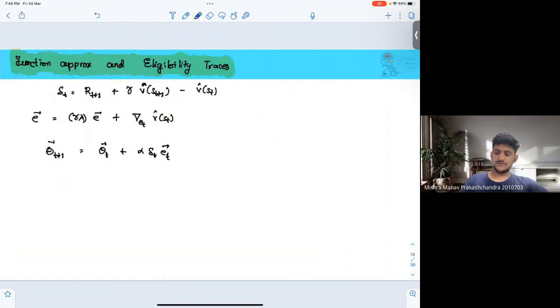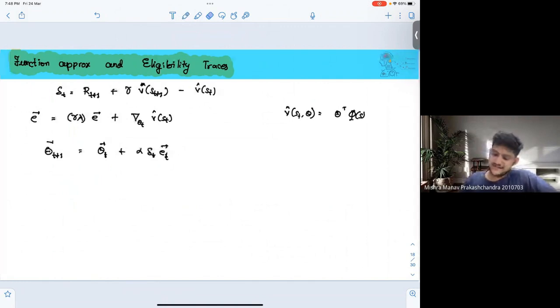Okay. So now, if my v hat of st is approximated by some sort of linear parameterization, so let's say my v hat of st comma theta is just theta transpose phi of s. If I take the gradient with respect to theta t of v of st theta, I end up with phi of s.